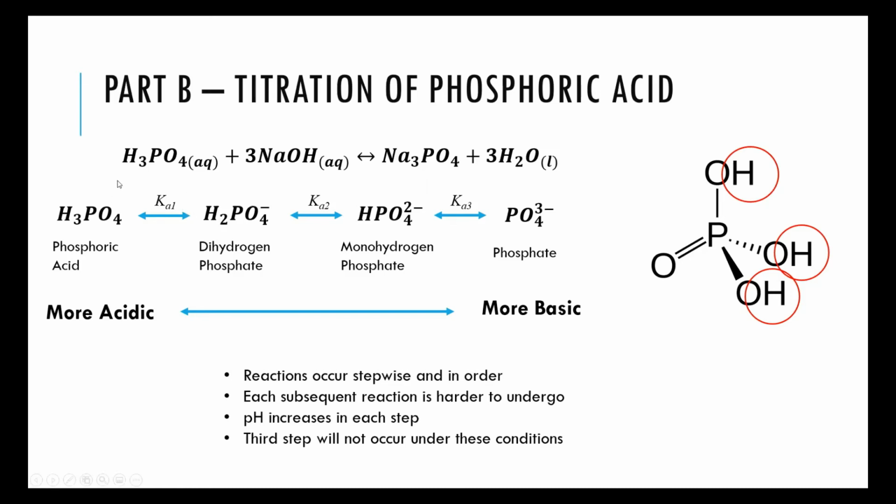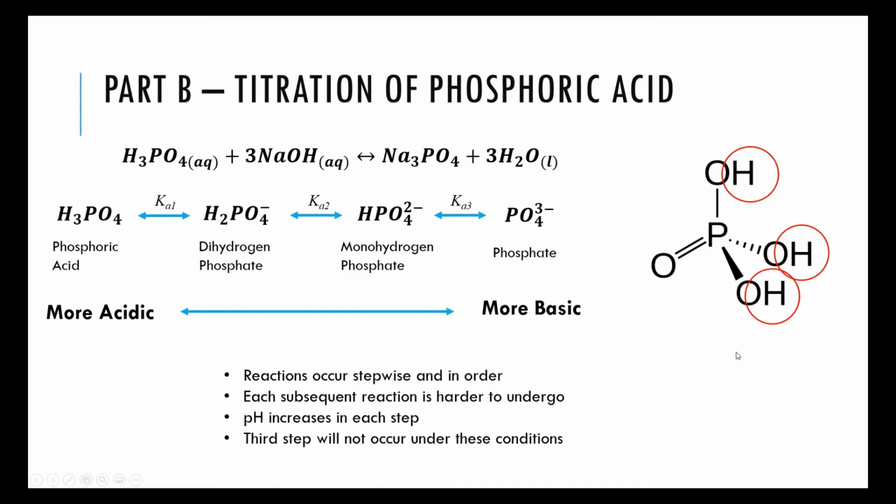So in here, you have phosphoric acid, which is a triprotic acid. 1 molecule of phosphoric acid will react with 3 sodium hydroxides to produce 3 waters and sodium phosphate. Phosphoric acid itself is a weak acid.